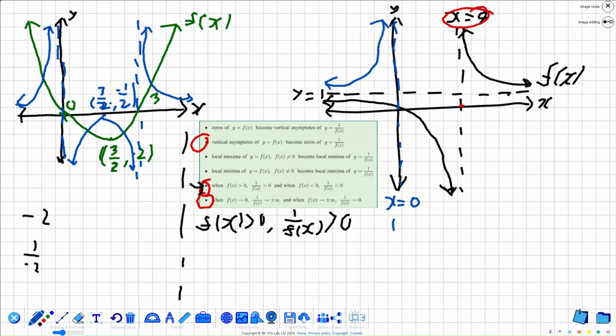Then what if we look between this point? So we know that f of x is less than 0 at that point, so obviously 1 over f of x will also be less than 0. And so before we start to draw that, we'll have a look at this segment here.